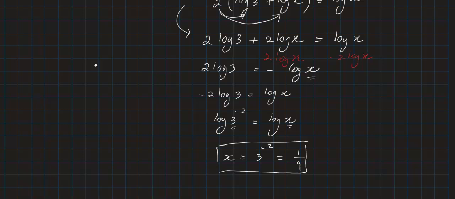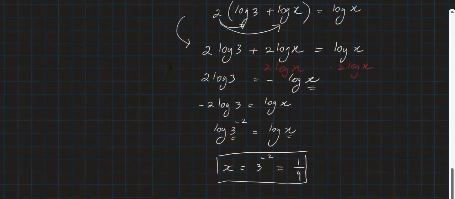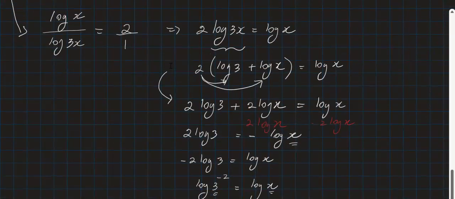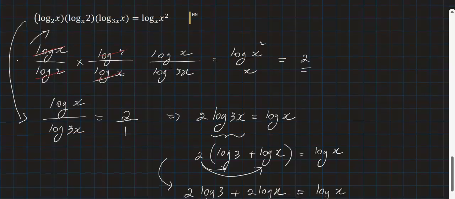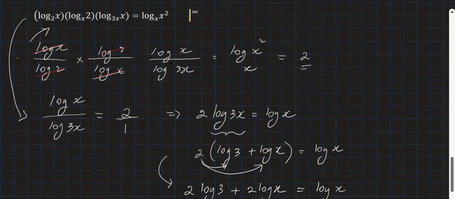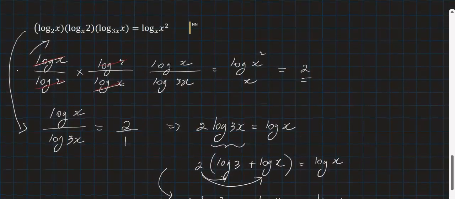Here is the answer. Now, you're not done yet. So what you need to do, you need to go ahead and then check your answer. Now, to check your answer, you need to go back to the original equation and plug in the actual answer, which is 1/9, in each of the terms of the log expression.